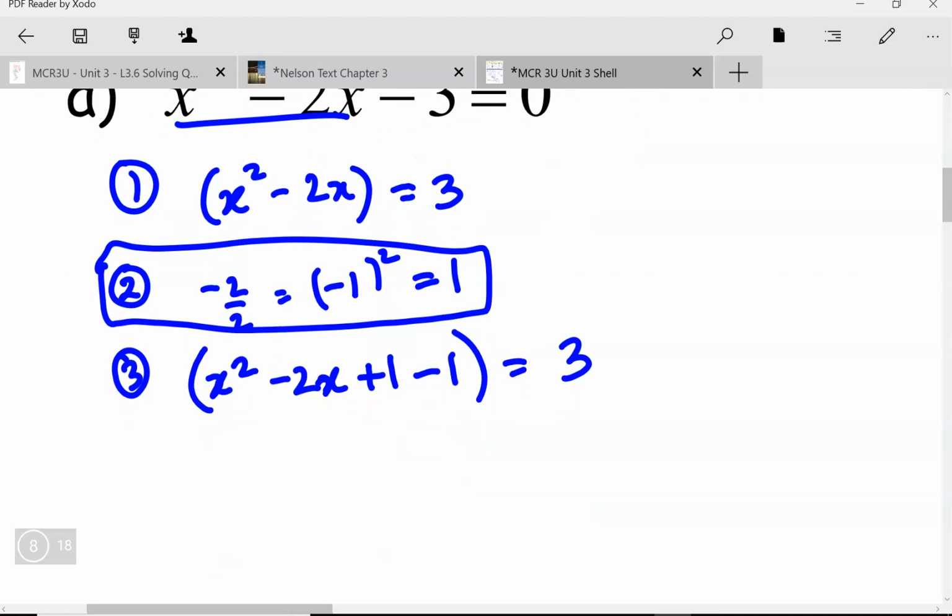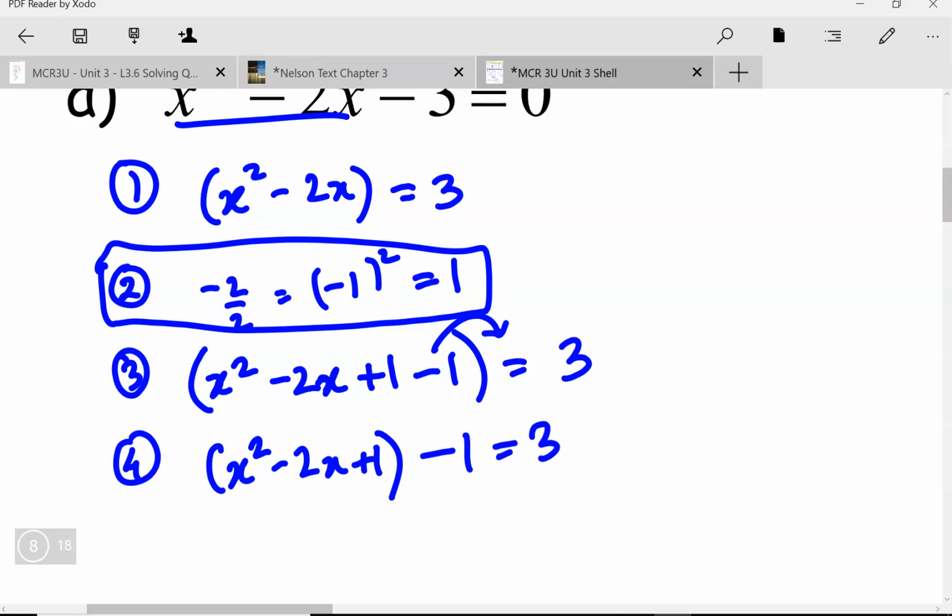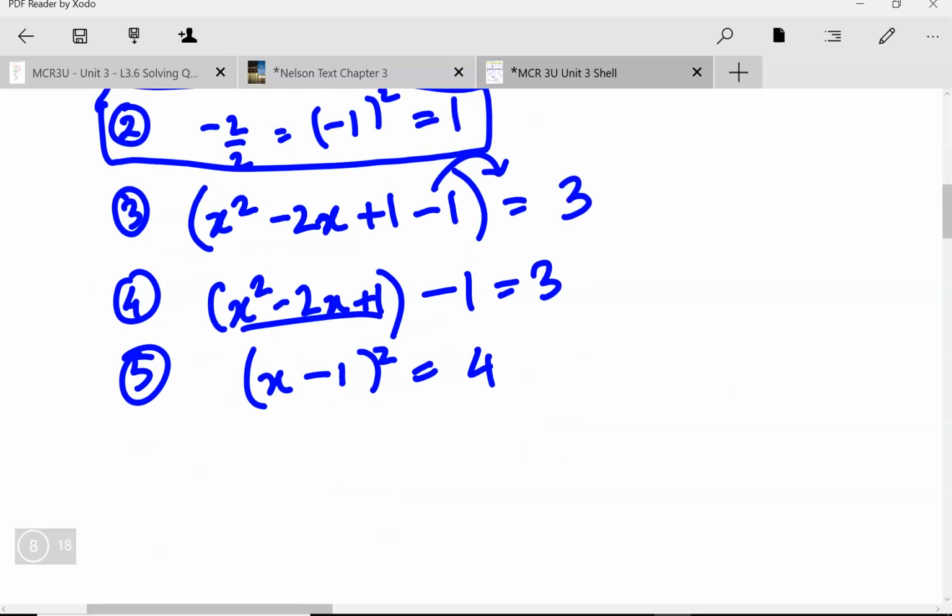It's just finding the magic number. Now our fourth step is to take the subtraction outside the bracket. So I'm left with x squared minus 2x plus 1, minus 1 equals 3. Step number 5 is to write this as a completed square, our perfect square, and I'm going to move this 1 to the other side to give me a 4.